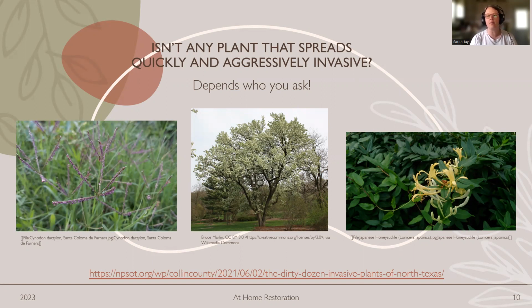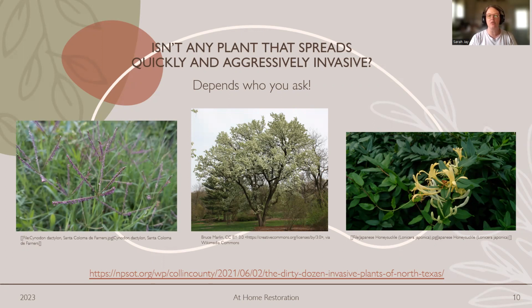And here on the right, we have probably one of my favorite invasives because it smells great, and I have childhood memories of hanging out in the forest and eating the honeysuckle flowers. But Japanese honeysuckle is a hugely invasive plant here in this temperate region that we live in.